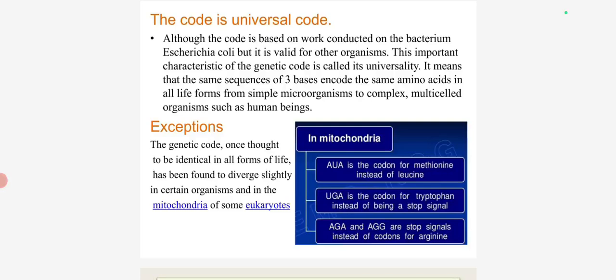This is in the mitochondria of eukaryotes. UGA is the codon for tryptophan instead of being the stop signal. AGA and also AGG are stop signals instead of codons for arginine. This is in mitochondria.